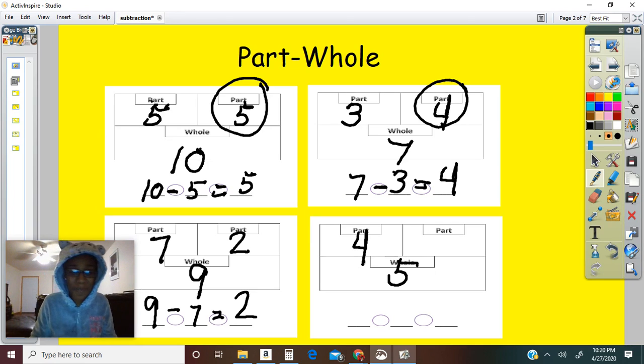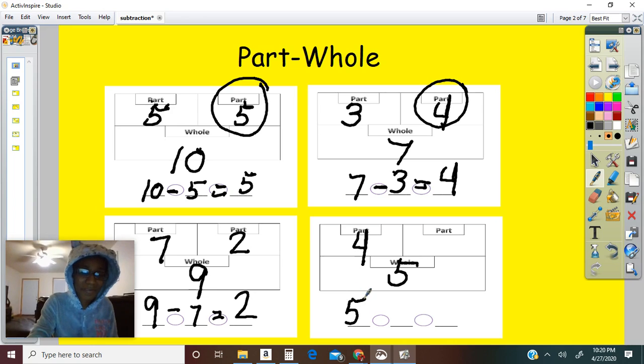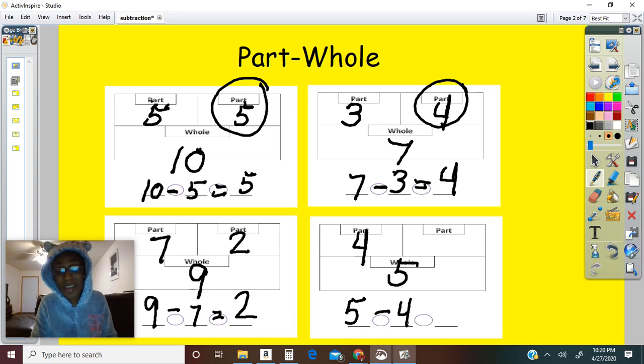You got it. We start with our whole number first, which is 5. Then we need our minus sign. 5 minus 4, which is our other part. And we need our equal sign. Did you guys get 1? I did.